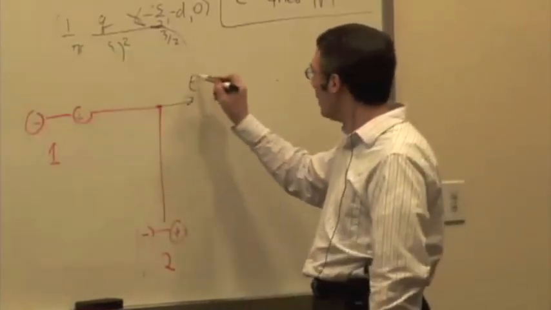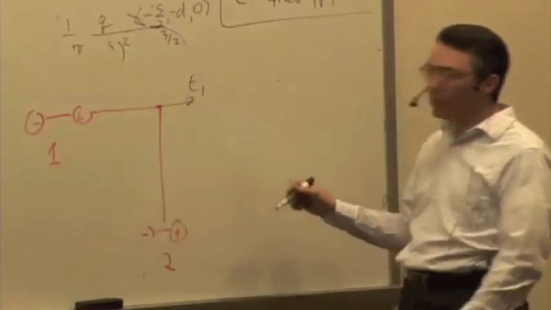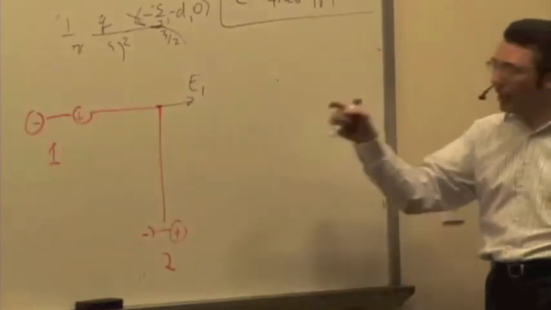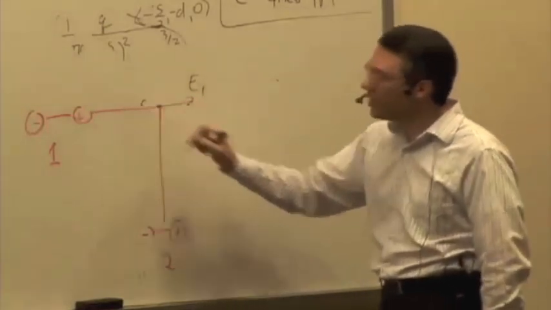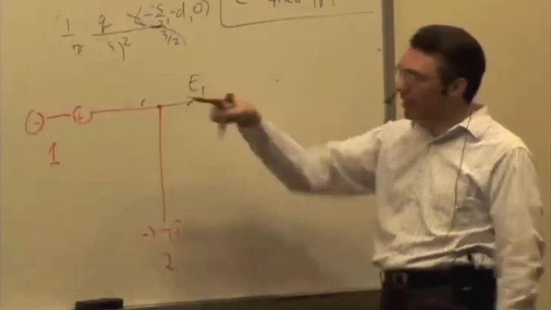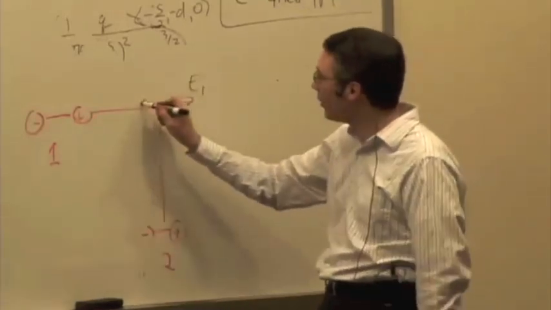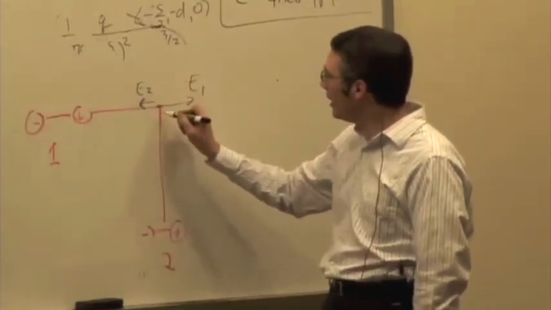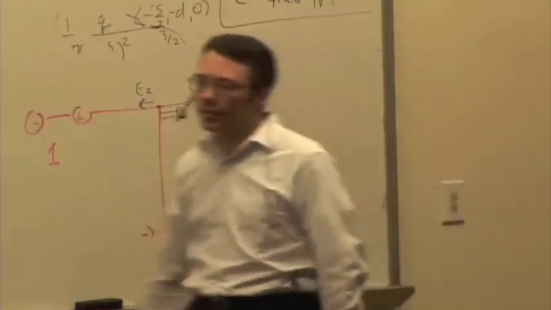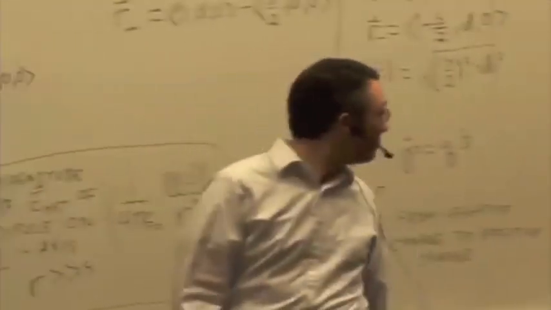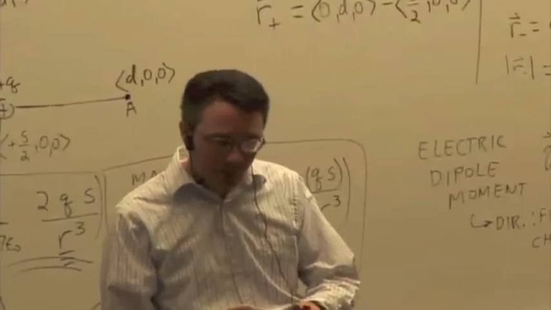So that's E1. The electric field due to dipole number 2 is pointing the other direction, but which is larger? E1, because again, it's a factor of 2 bigger, right? So we should get a net electric field pointing to the right. So direction number 3 is correct, okay?